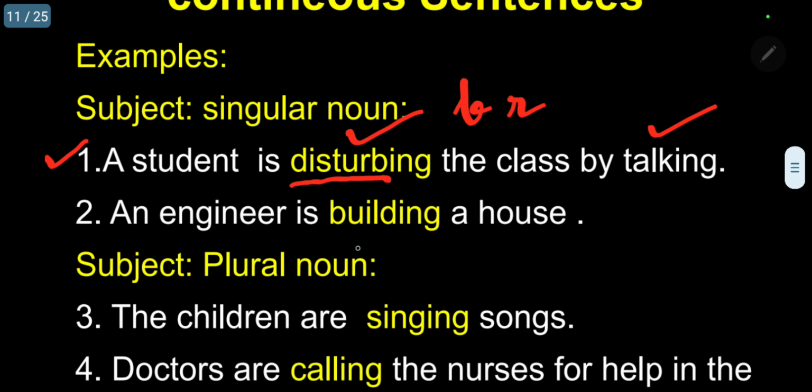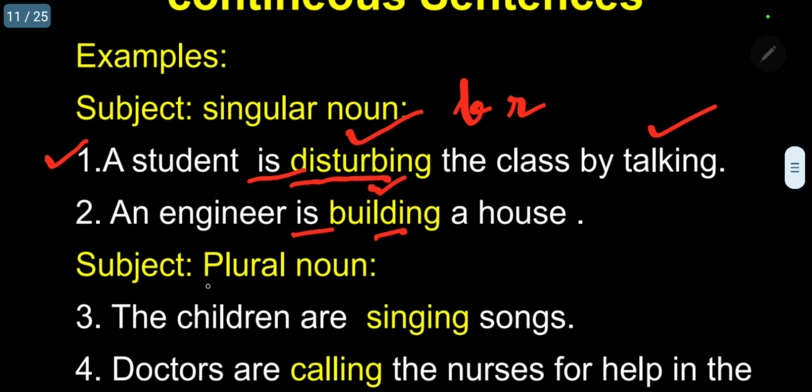An engineer is building a house. Build, the word ending letter D. The consonant is L. So I am adding ing. Both are singular, so I am using the singular verb is. Student is a singular noun. An engineer is singular.